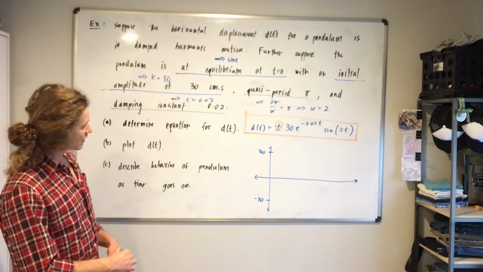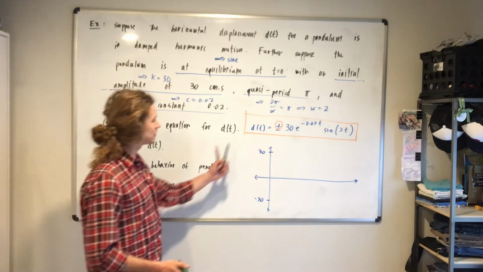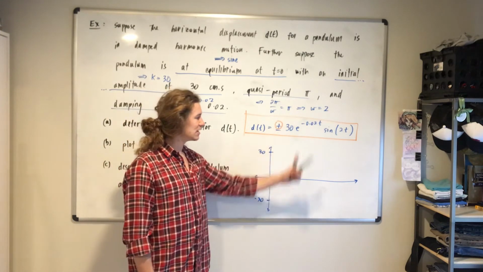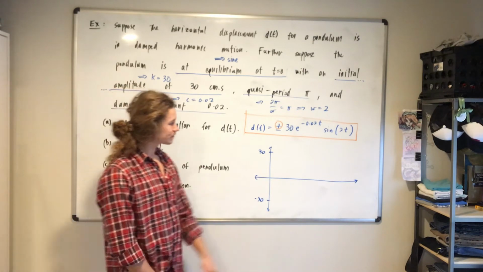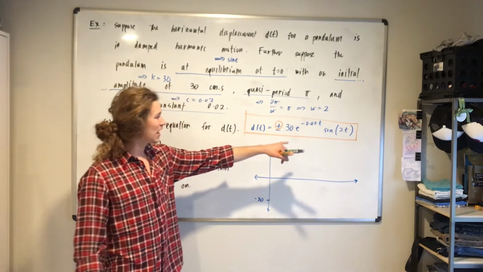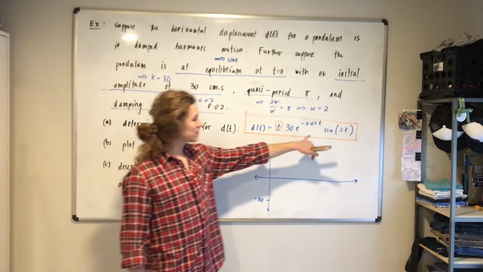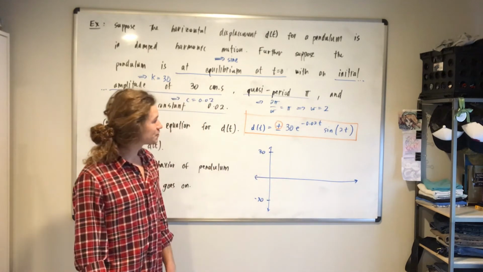Then I'm going to graph these functions that bound d of t equals 30e to the negative 0.02t sine of 2t. So again, note that the sine of 2t, by our discussion of variable amplitude graphs in a prior class session, we can see that sine functions are bounded above and below by positive 1 and negative 1 respectively.